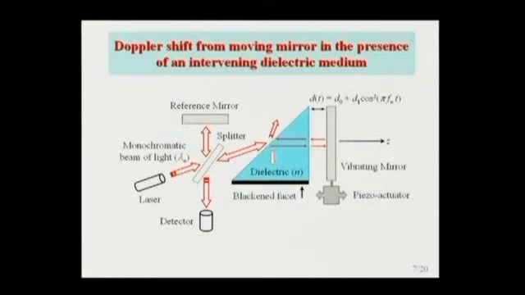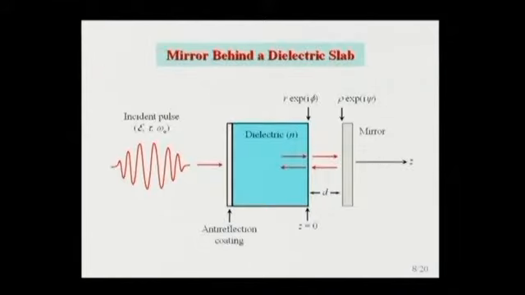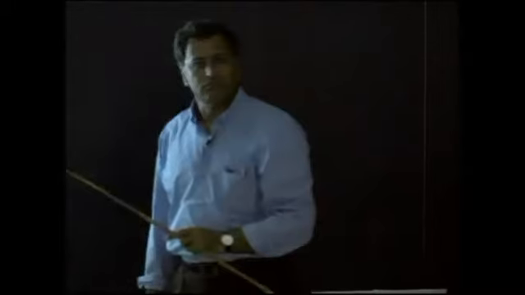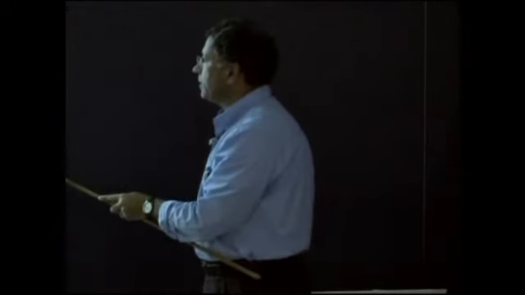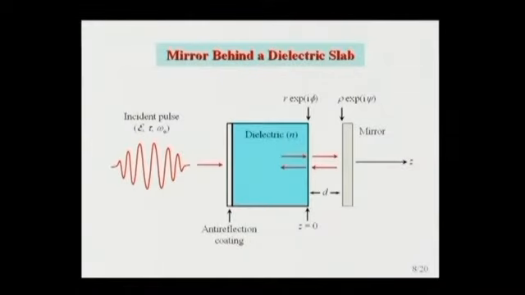But now going back to the original experiment, I want to find out the Doppler shift of the reflected light. So at this point, which is my reference point, z equal to 0, the light has an amplitude and a phase. So if you set the mirror to a fixed position, so that D is a constant, you can easily calculate the reflected amplitude and phase of the light.